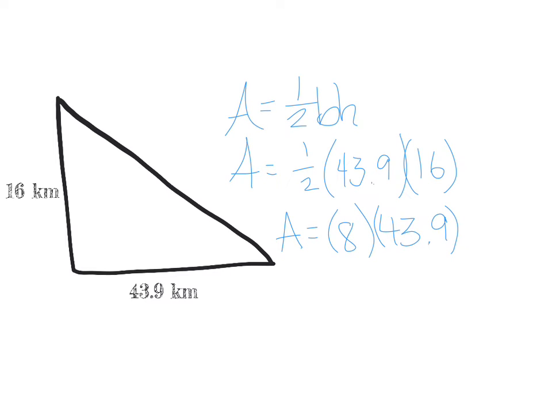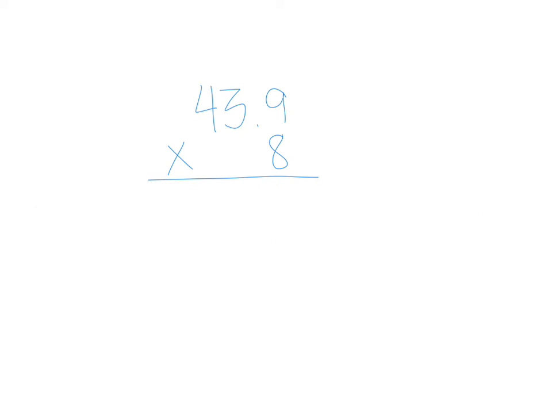Okay, now for extra practice, we are going to multiply that out ourselves. 43 and 9/10 times 8. 9 times 8 is 72. 8 times 3 is 24. Plus 7 is 31. 4 times 8 is 32. Plus 3 is 35.